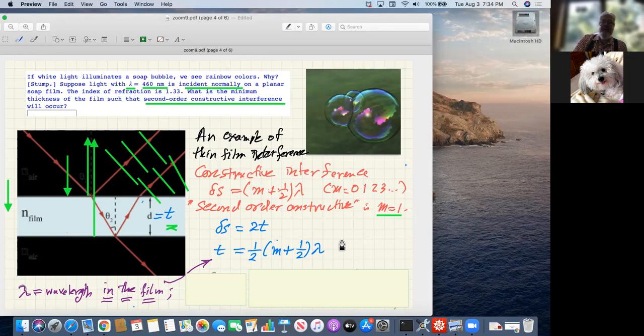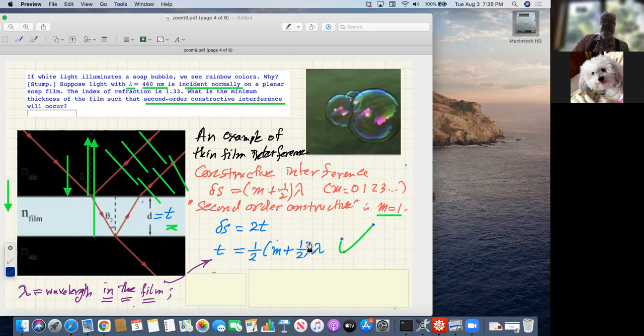And again, that's the equation in this section of the chapter on thin film interference. So we don't have to go through all this analysis. You just read the textbook, the section on thin film interference, and pick out the formula for the thickness for second order constructive interference. Second order constructive interference will be m equals 1.